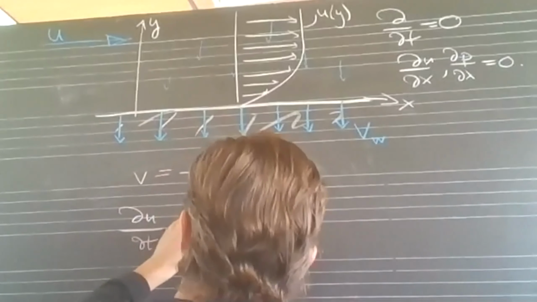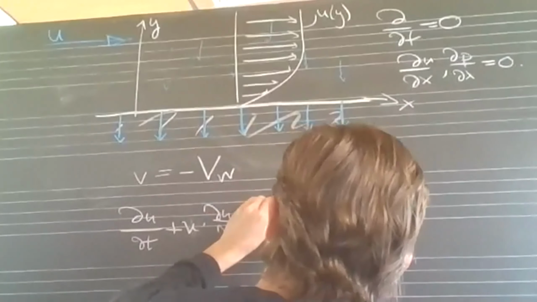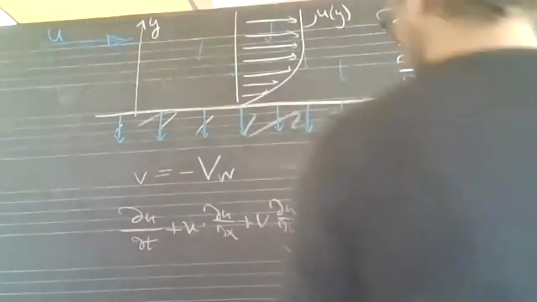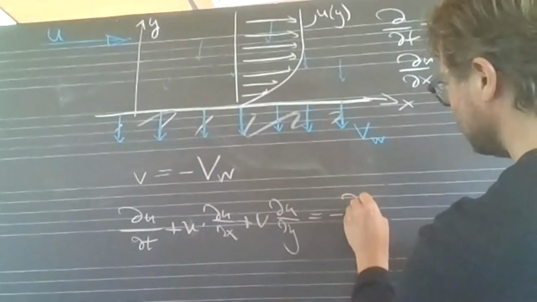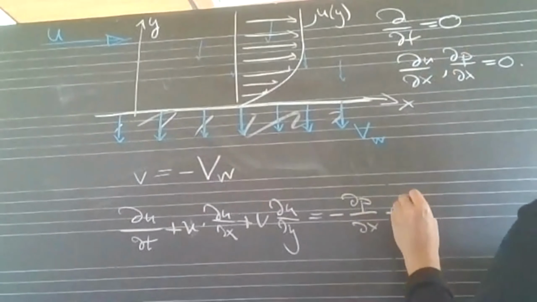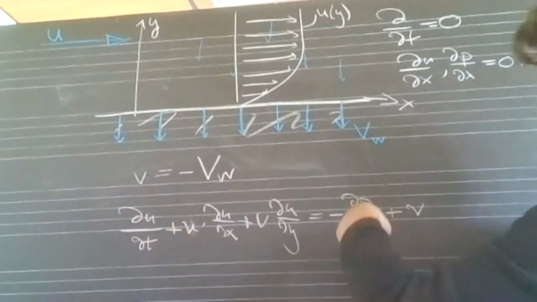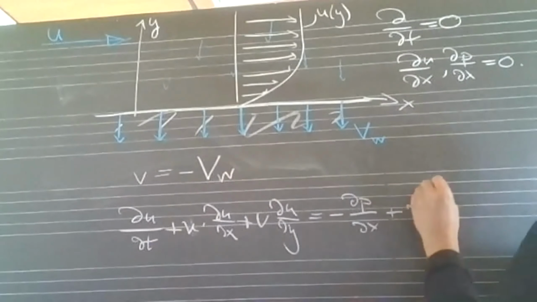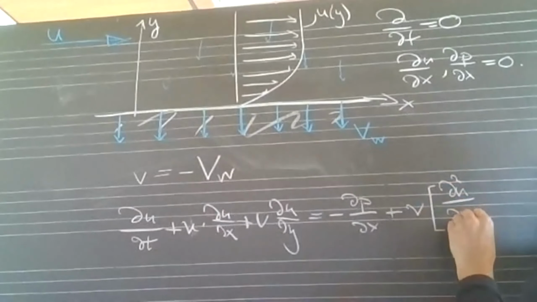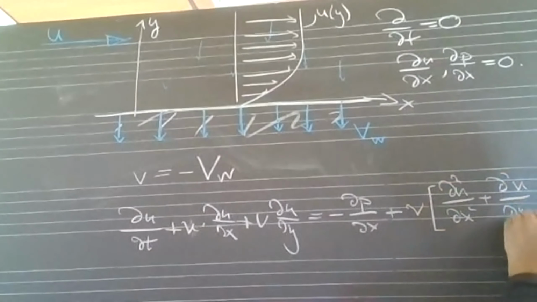I'll write like that: u du dx plus v du dy equals minus dp dx plus nu. I use here nu, that's why I did not write the rho here. I divide everything by rho, times the second derivative of u in x direction plus the second derivative of u in y direction.